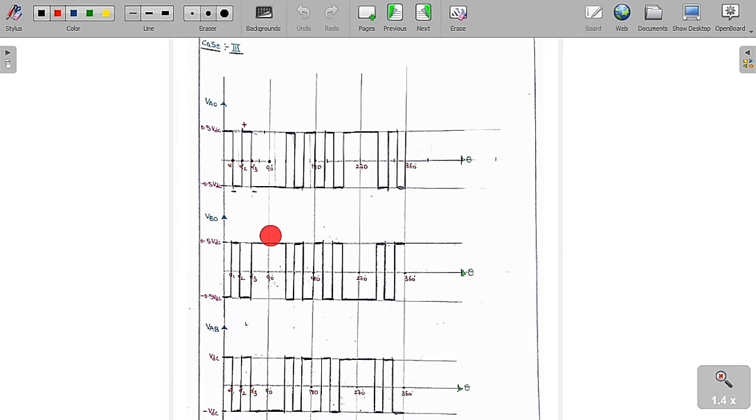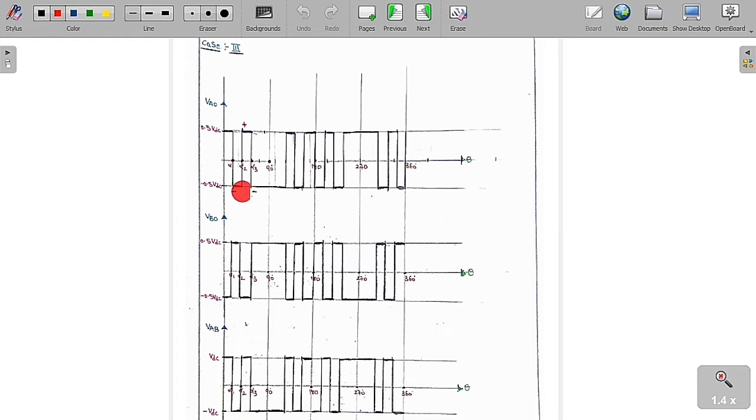From alpha 3 onwards we follow this type of switching. Alpha 1, alpha 2 and alpha 3 are all less than 90 degree. So this is the pattern that we follow to make this switching process.